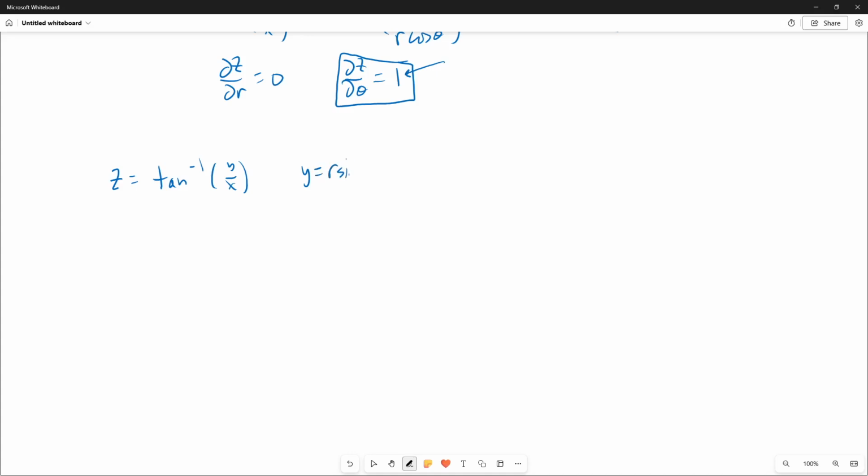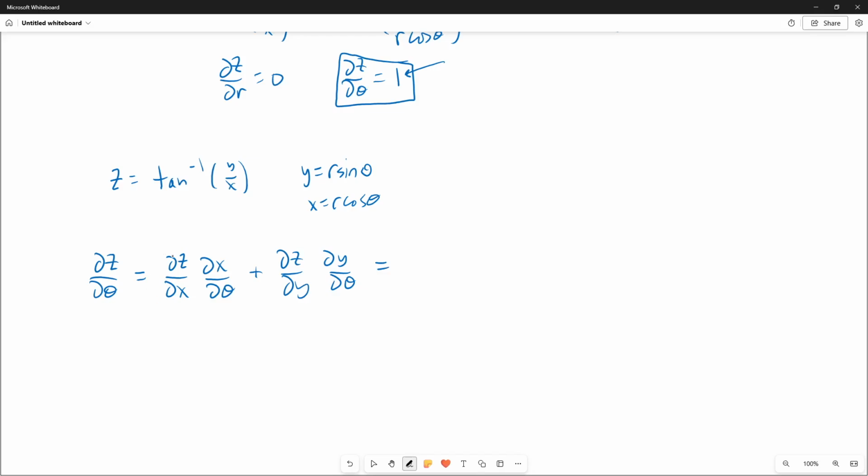Y is r sine theta, x is r cosine theta, and we want to calculate the partial derivative of z with respect to theta, and we should get 1. And according to the chain rule, this is partial z with respect to x times partial x with respect to theta plus partial z with respect to y times partial y with respect to theta.